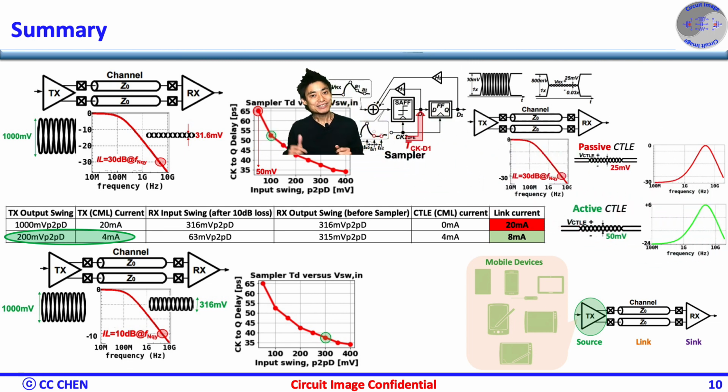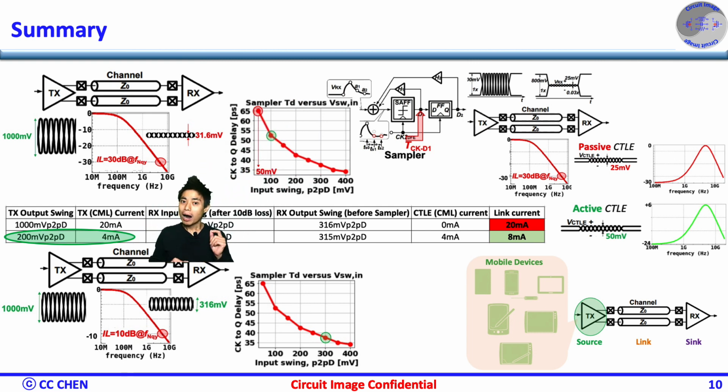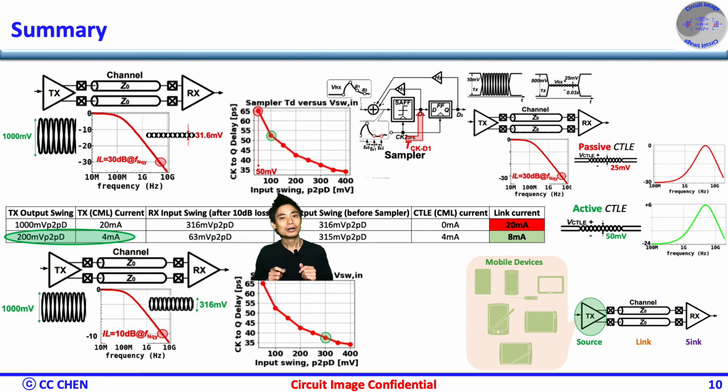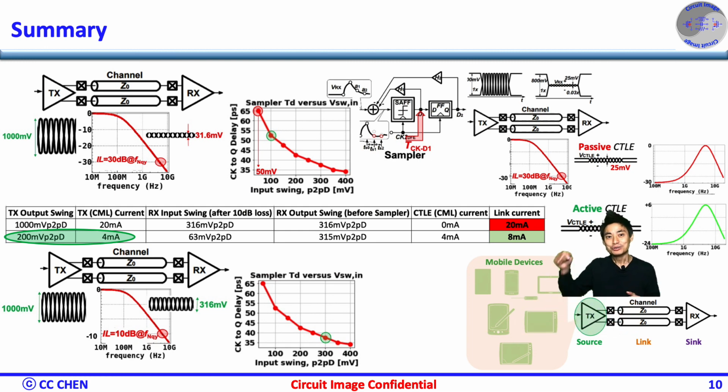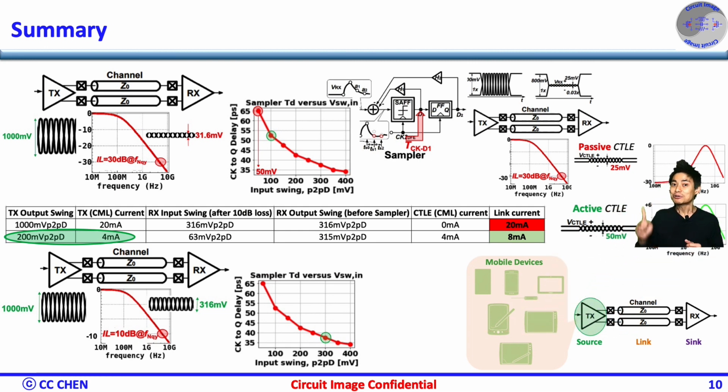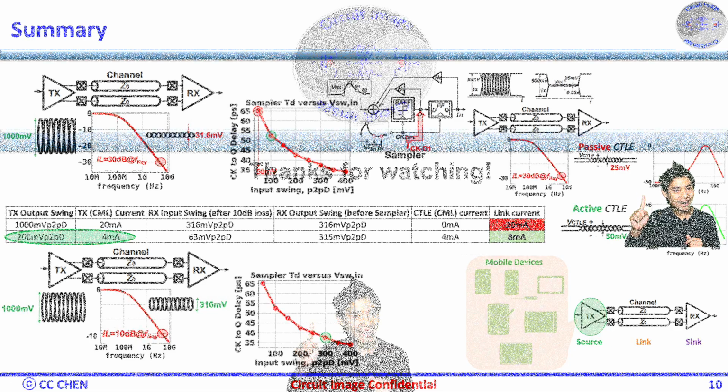Lastly, the active CTLE provides a signal gain, which helps improve the sampler's input sensitivity, reduce the power from the TX driver or source mobile devices over the whole link, and reduce the bit error rate by increasing the SNR.